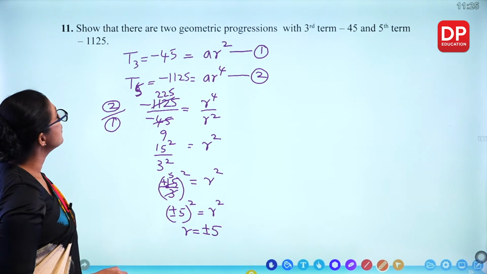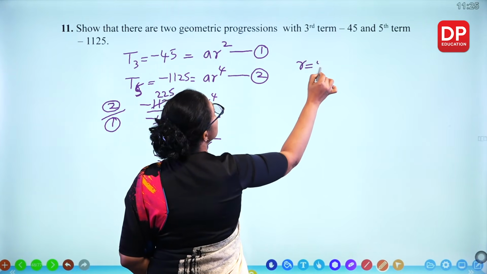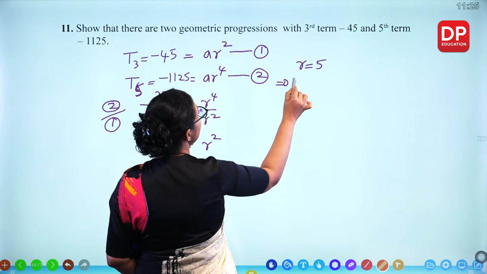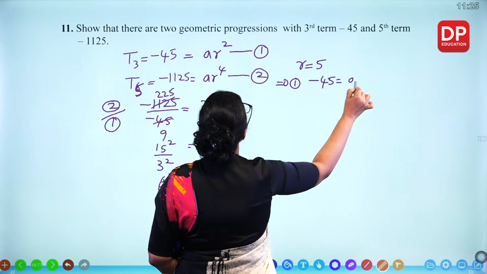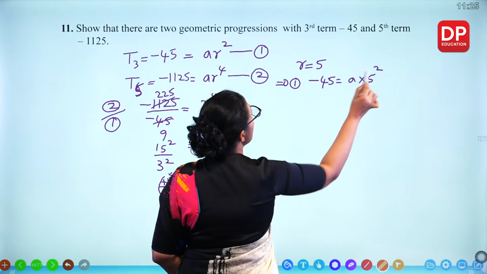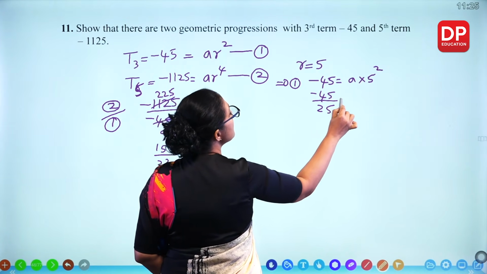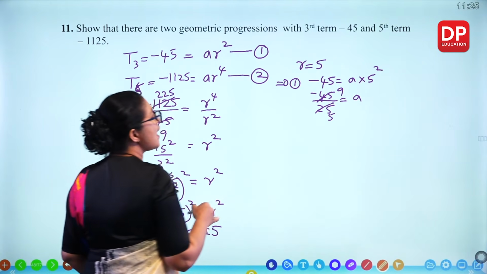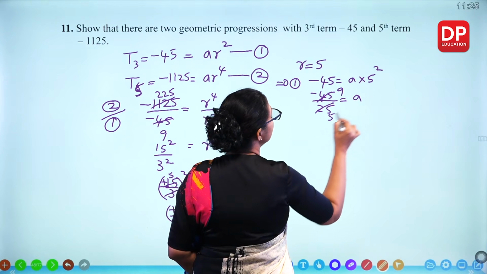So what's the a value now? If r equals positive 5, use the first equation. Minus 45 equals a into 5 squared. So minus 45 over 25 is the first term. 5 times 5, 5 times 9. Minus 9 over 5 is the first term.